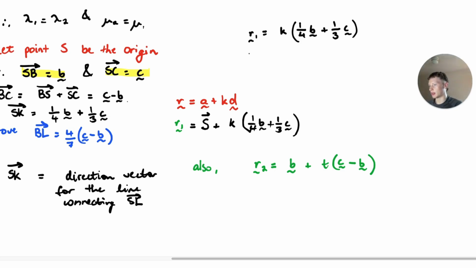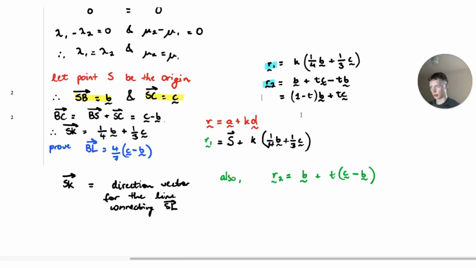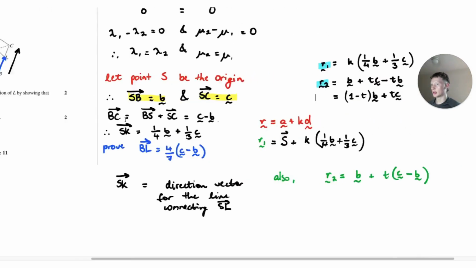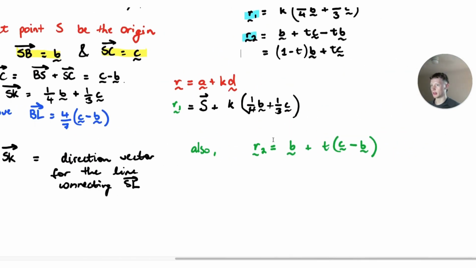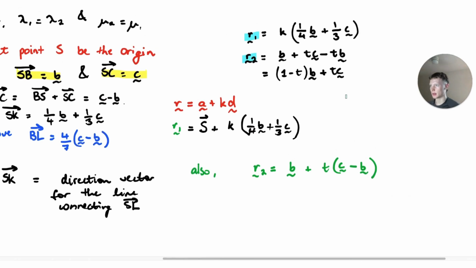Similarly, R2 here, I want to expand out a little bit because we've got a like term of B here. So position vector B, let's just leave it like that, and then that's T times C minus T times B. And so we get 1 minus T outside of B plus T. Line 1 must intersect with line 2 at L. And so we can say that these two must be equal at some value for their scalar multiples.